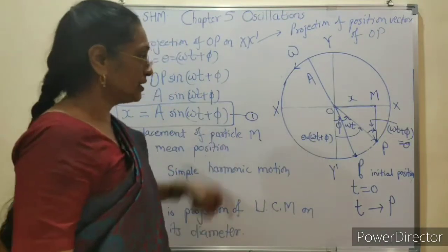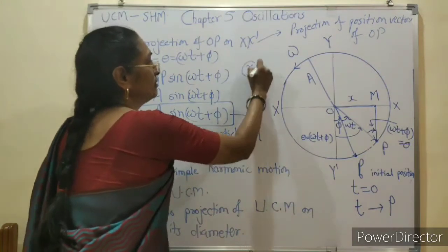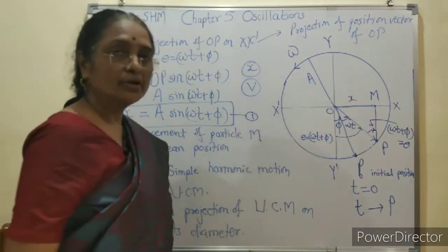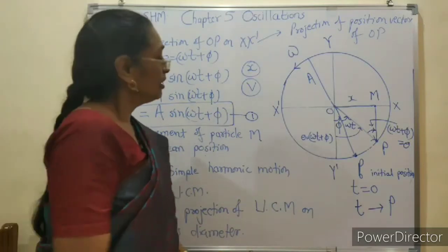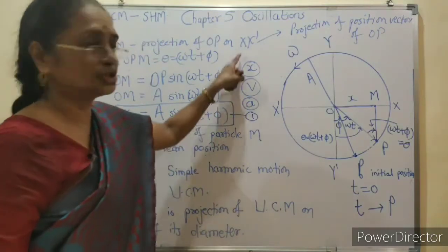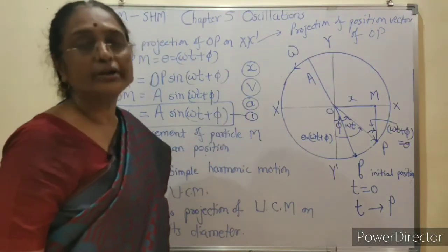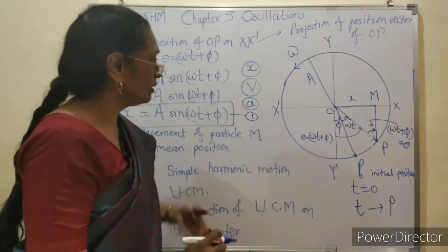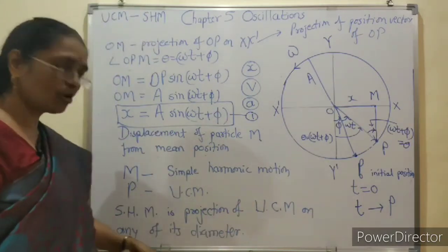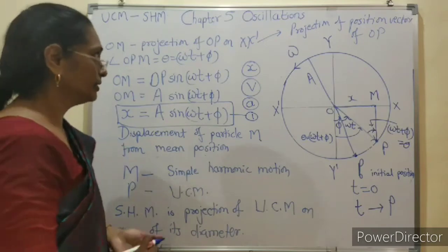Similarly, as we have shown for displacement, we can also show it for velocity. For velocity as well as acceleration also we can show such projections on the diameter. So here as a whole we say that SHM is projection of UCM on any of its diameter.